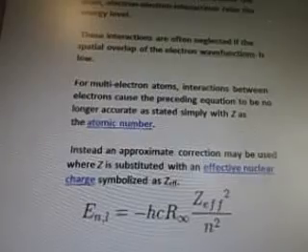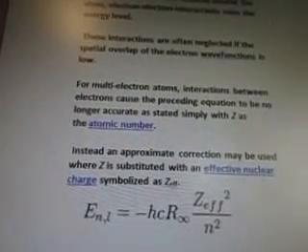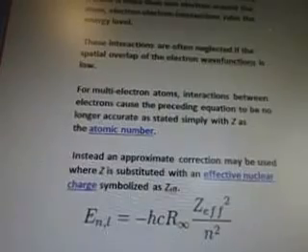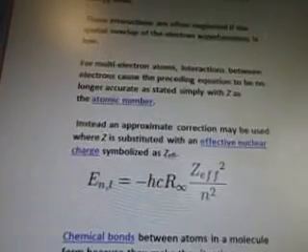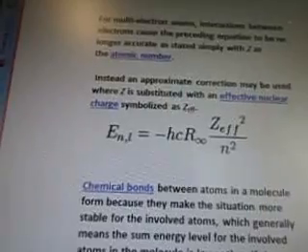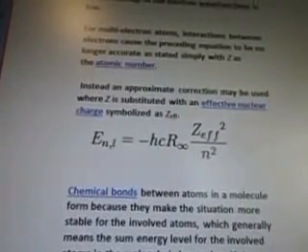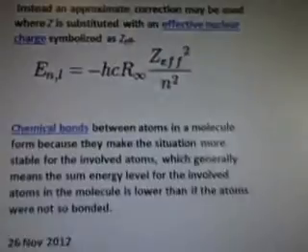For multi-electron atoms, interactions between electrons cause the preceding equation to be no longer accurate, as stated simply with Z as the atomic number. Instead, an approximate correction may be used where Z is substituted with an effective nuclear charge, symbolized as Zeff. So there's the equation there.